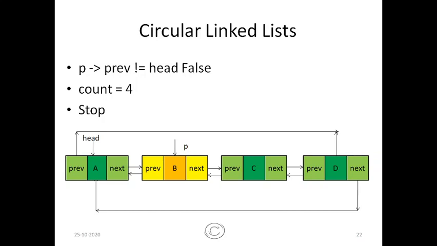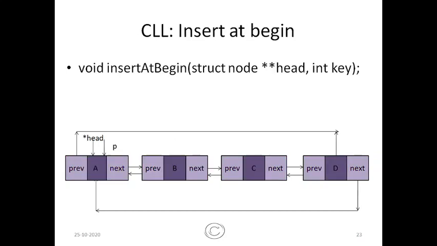Now we'll see our legacy operations like insertion, deletion and traversing. Traversing we have almost covered using this exercise for counting the number of nodes, but you can implement some specific operations for traversing also. We'll see in the next class.